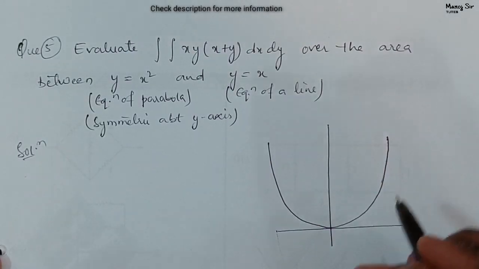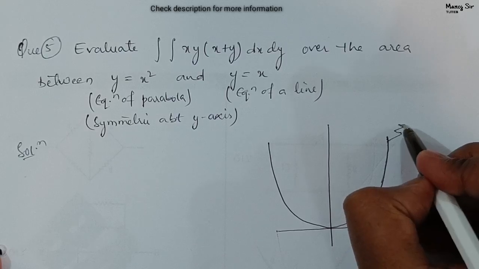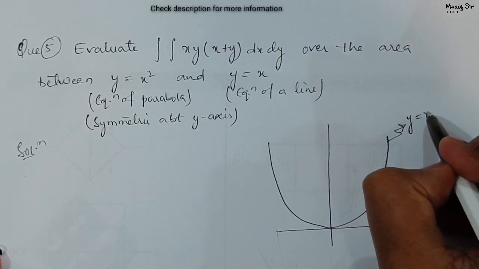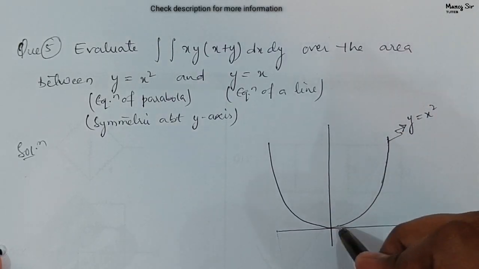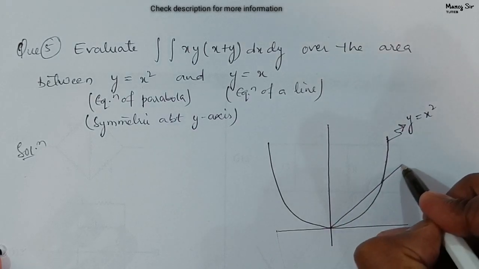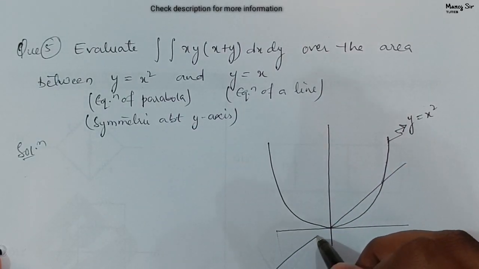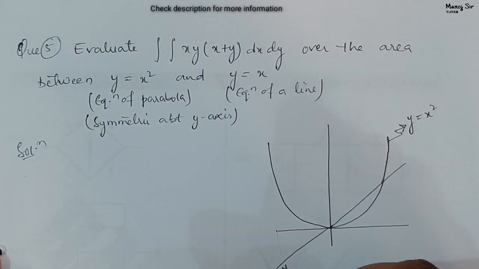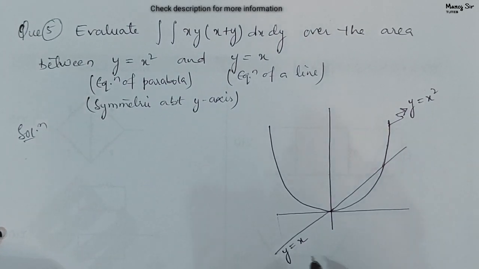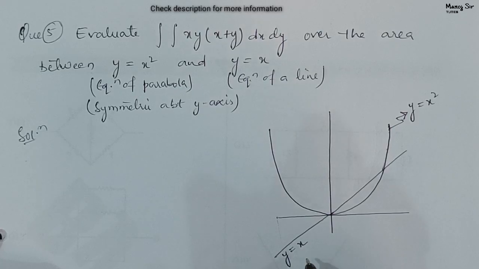This is a parabola whose equation is y equals x square. And suppose this is a line whose equation is y equals x. This is a line whose equation is y equals x.